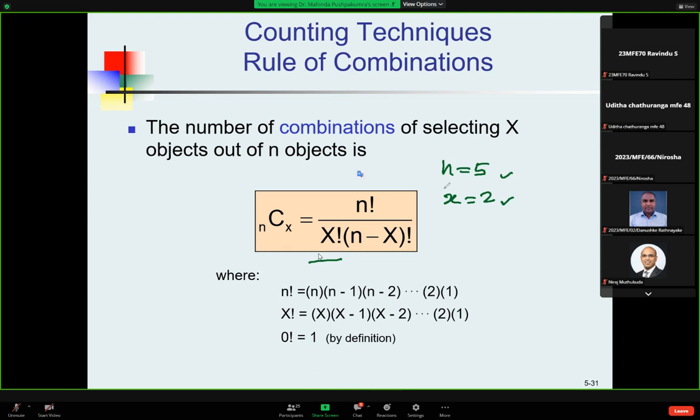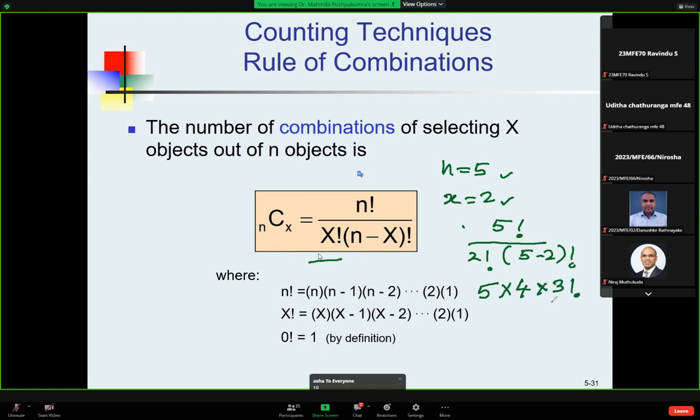One says 10. Let's see. n is 5, x is 2. Then you can write 5 into 4 into 3 factorial over 2 into 1 into 3 factorial.